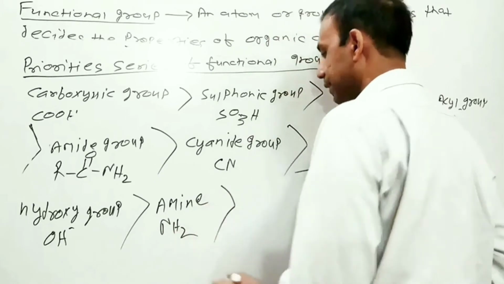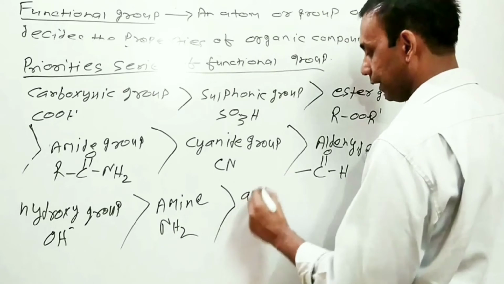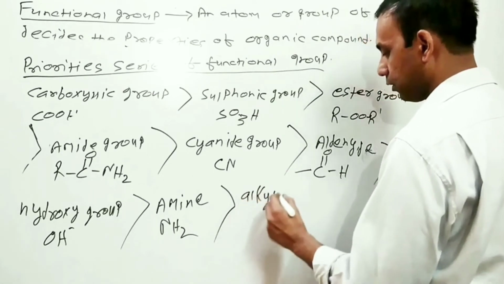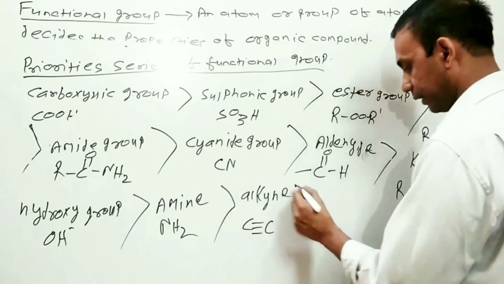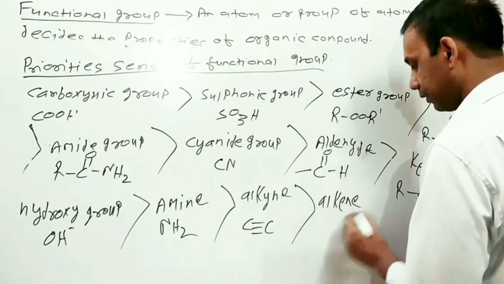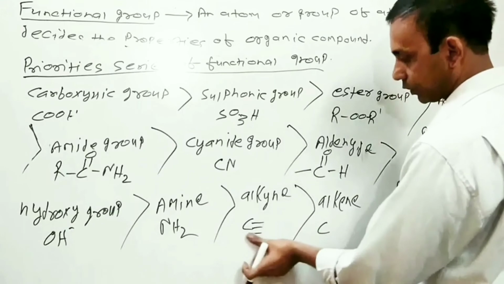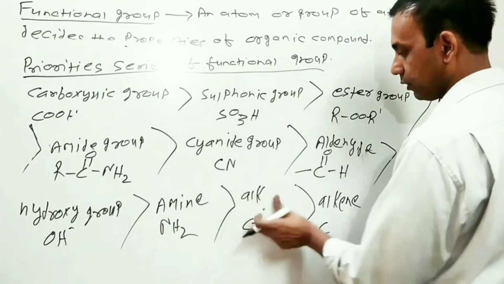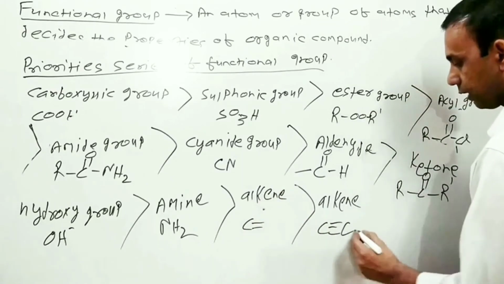And then finally, alkyne, A-L-K-Y-N-E, that represents a triple bond. And finally we have alkene. First we have alkene, and finally we have alkyne.